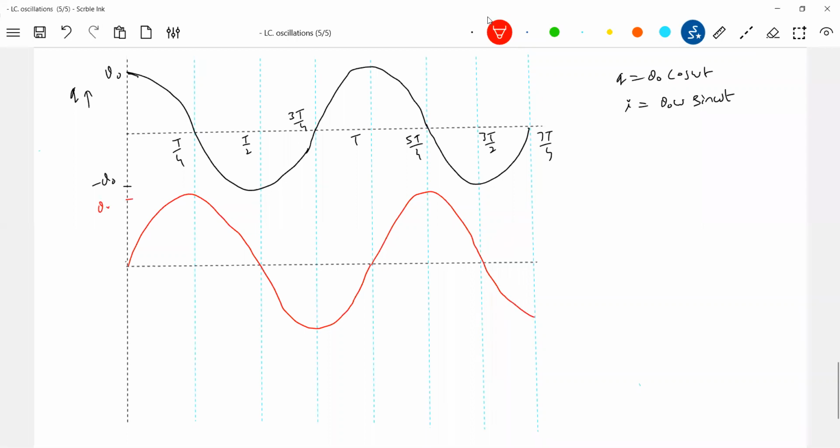The maximum current is Q naught omega. Okay, this is about the expression for current.